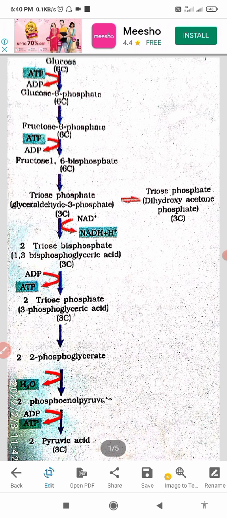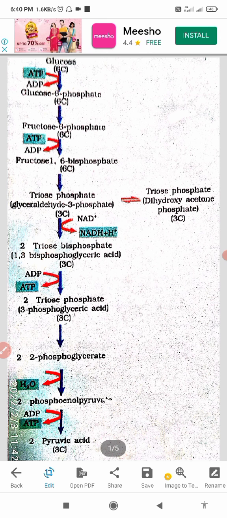And the next enzymatic action takes place on these molecules, and that involves NAD+. It facilitates the addition of hydrogen ion with this NAD positive ion.